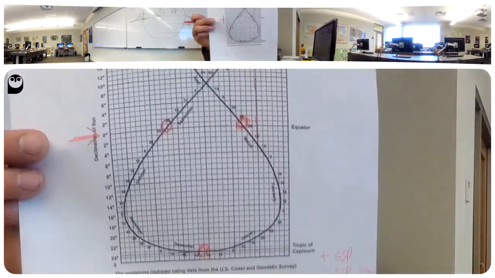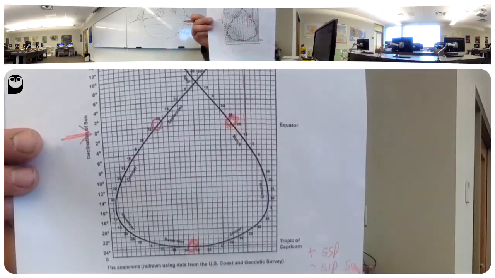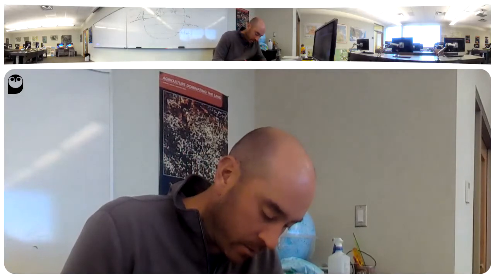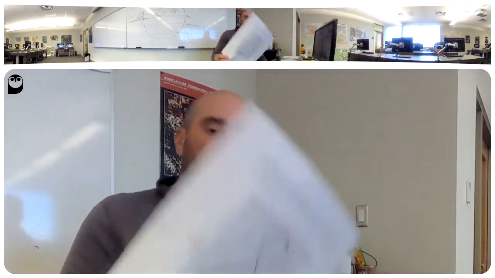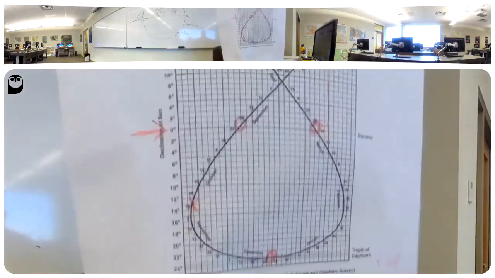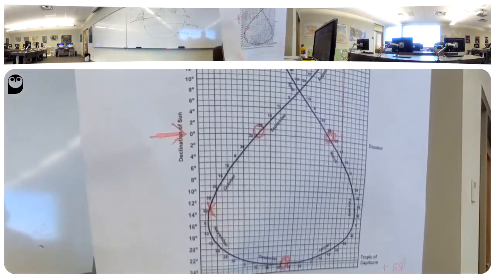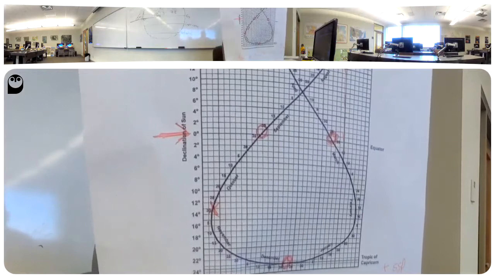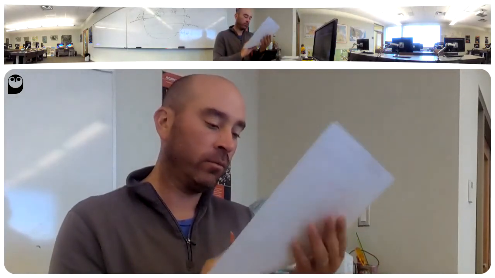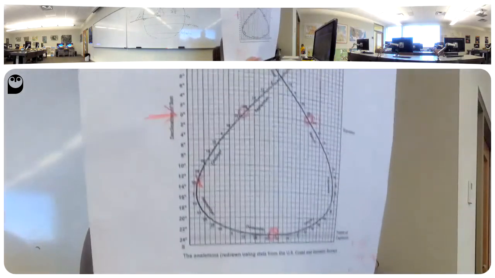Well, let's find October 30th on our analemma. I'm going to put an X on it. So where is October 30th? There it is. And it looks like the SSP is 13 degrees.